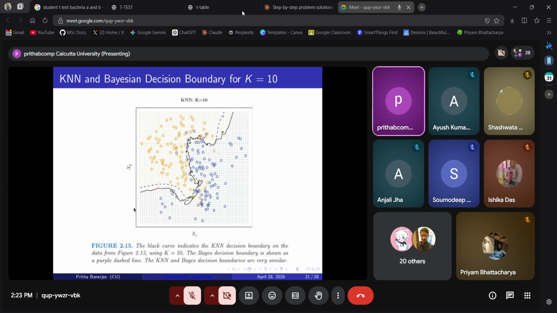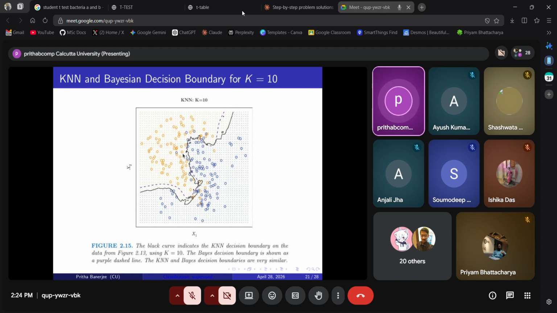So what it suggests is that for a balanced k value, k equal to 10, see, what we said is that the Bayesian thing is a kind of gold standard or ideal. So what we see is that for a moderate k value, the performance it gives is a kind of standard, what it is possible to achieve.